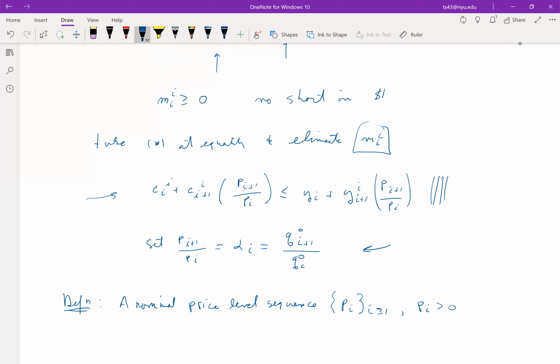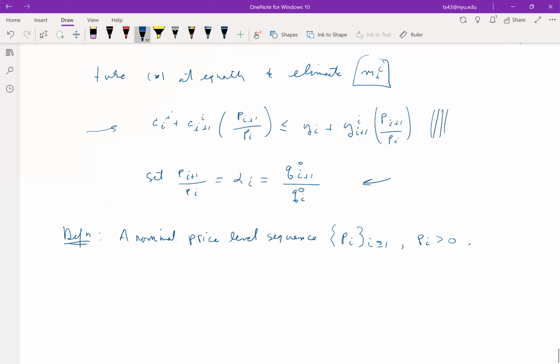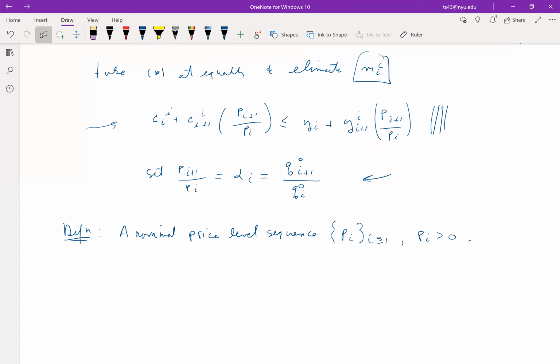A nominal price level sequence is just a sequence of positive numbers. We're going to make them positive always. And now we can have a definition. An equilibrium with valued, we're going to call it fiat money.